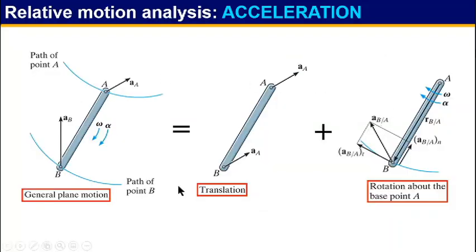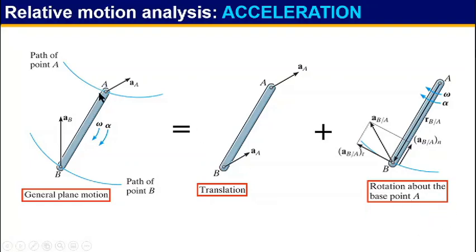Okay guys, here I have a link AB. This link AB moves with a general plane motion. You already understand that general plane motion is actually a combination of translation motion and also rotation about a fixed axis motion.